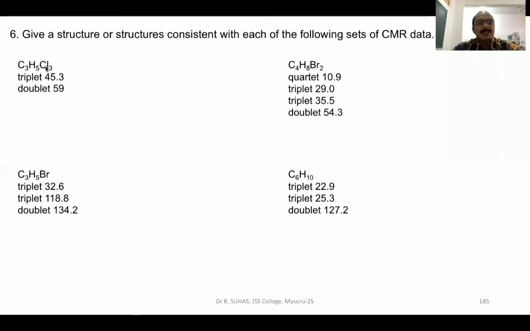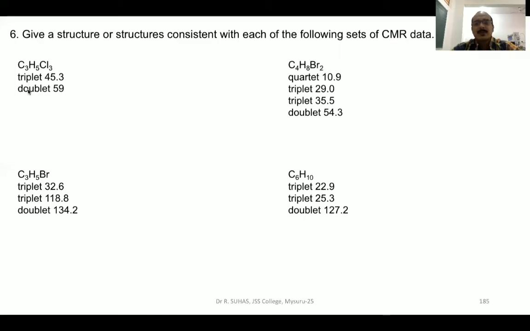So for C3H5Cl3, the off resonance decoupled spectral data is given, because he has given triplet and doublet. In proton decoupled spectra, we get only singlets, whereas in off resonance decoupled spectra, we get different multiplicities. Triplet refers to the presence of CH2.